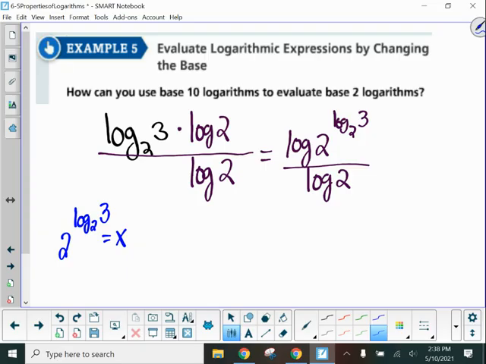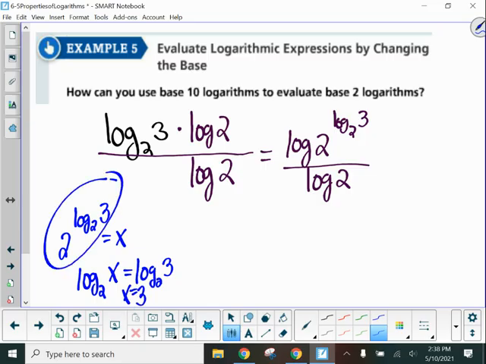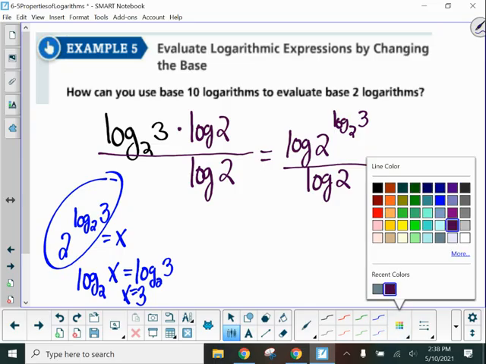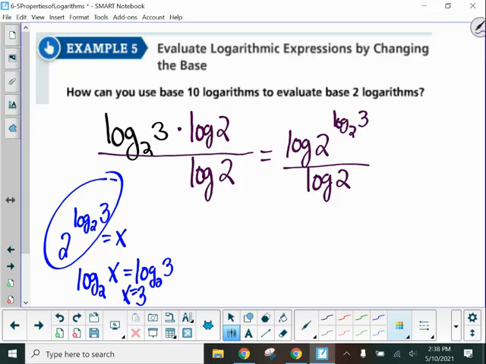So this is the same thing as log base 2 of x is equal to log base 2 of 3, that means that x has to be equal to 3. So this whole thing is equal to 3 because we get 3 for the x. So if I come back over here, this piece is the same thing as 3.